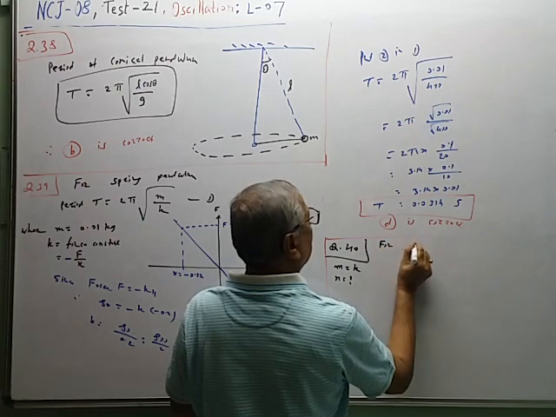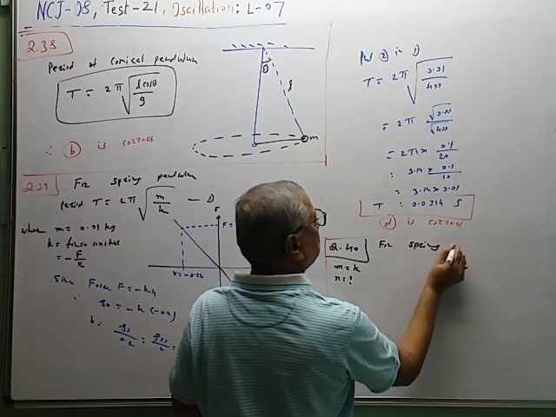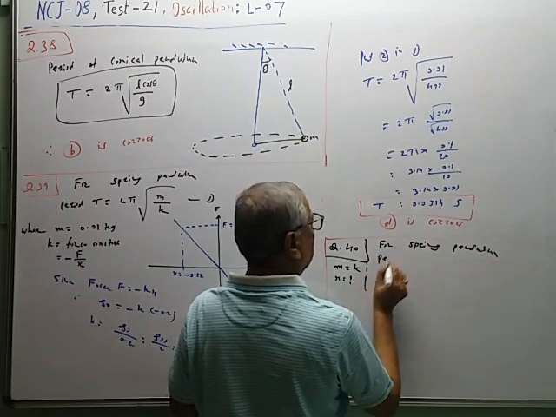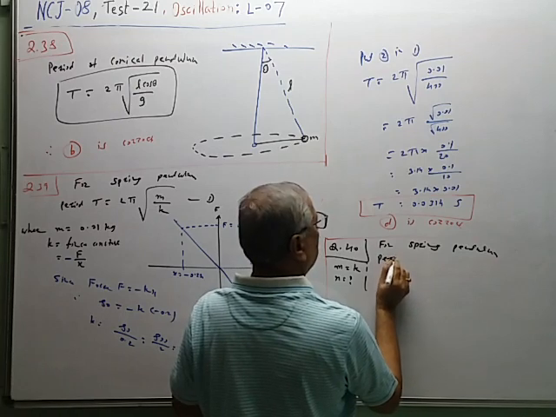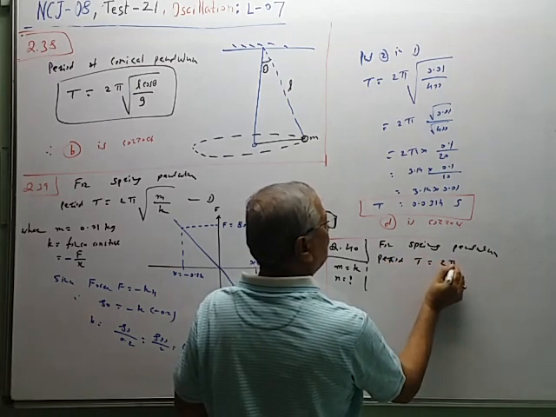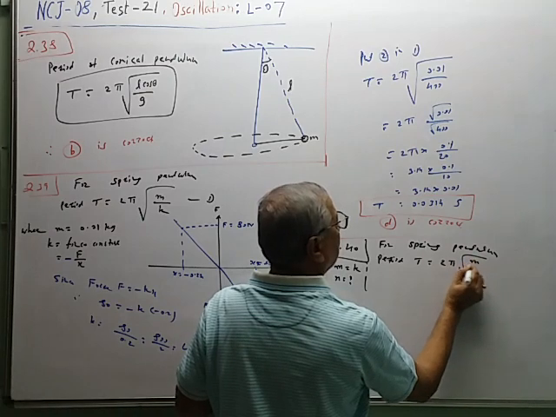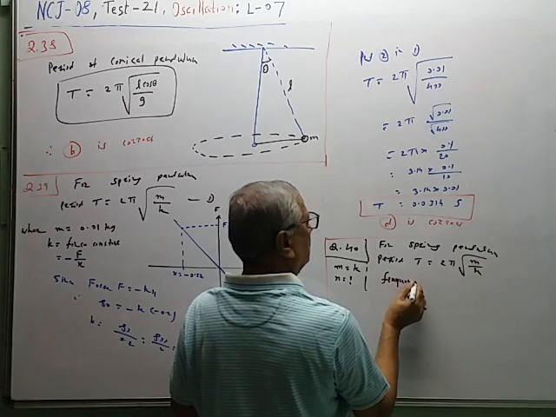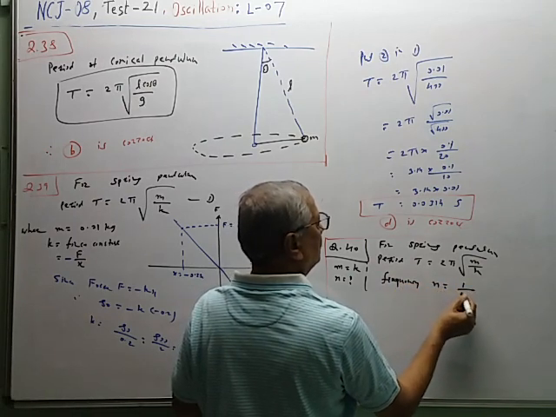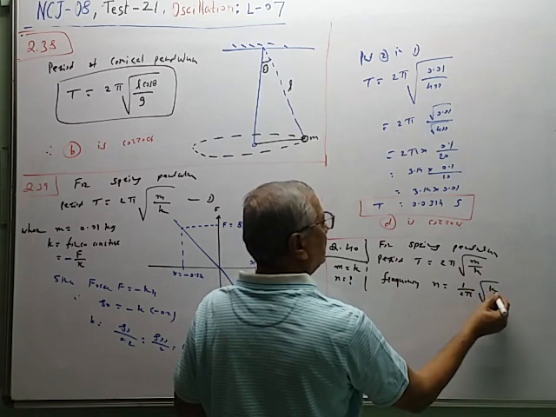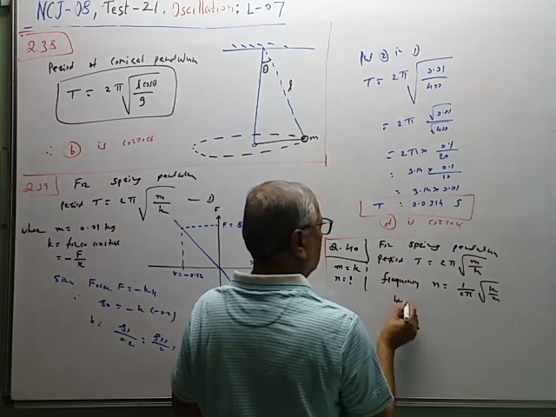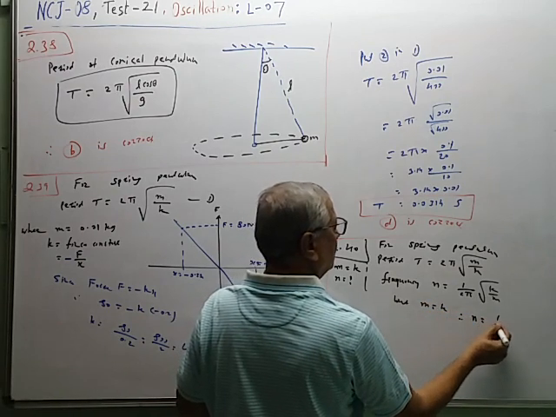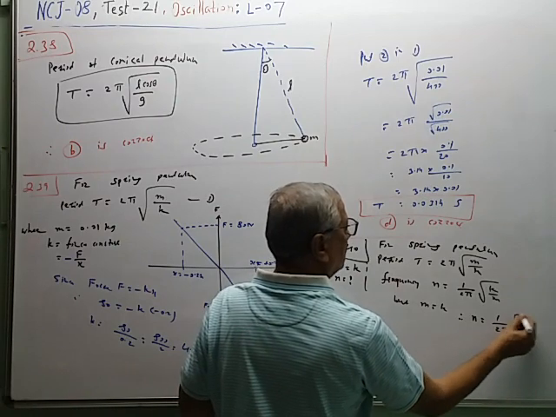For a spring pendulum, period capital T is equal to 2 pi multiplied by under root M by K. Frequency n is equal to 1 upon 2 pi multiplied by under root K by M. But M is equal to K, therefore n is equal to 1 upon 2 pi under root 1.